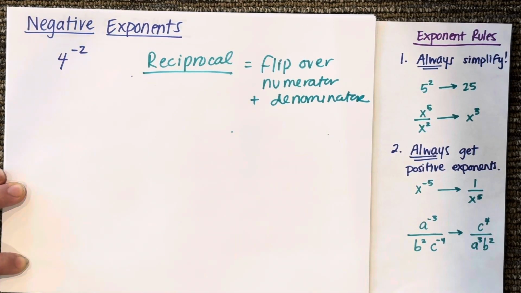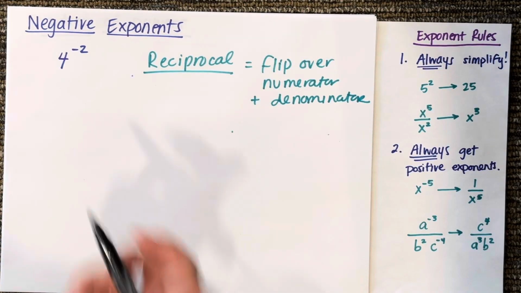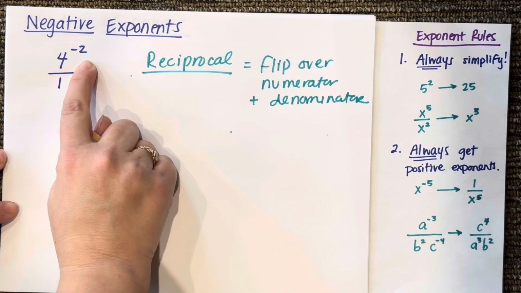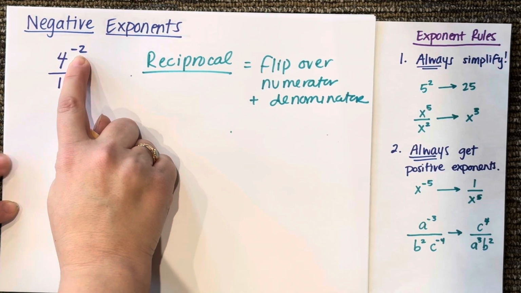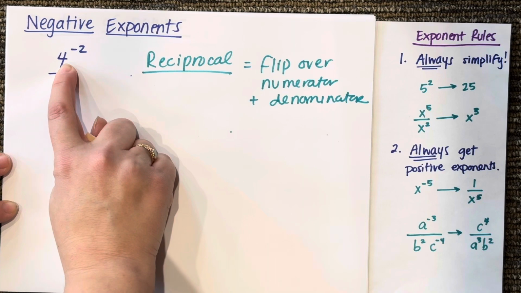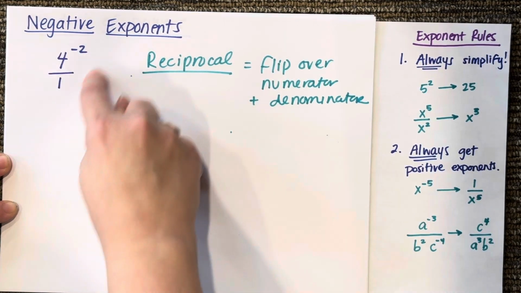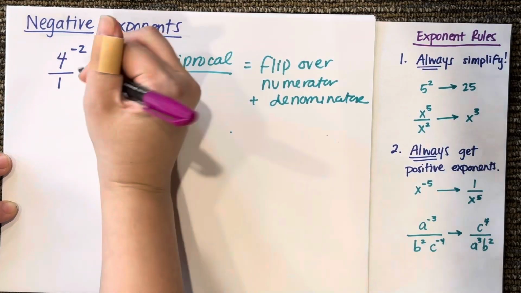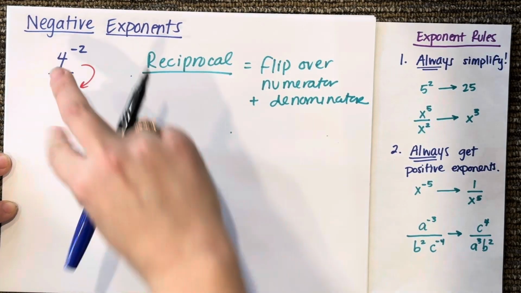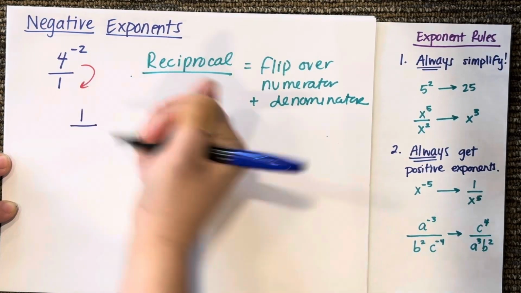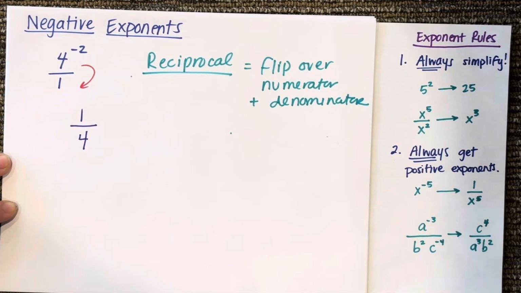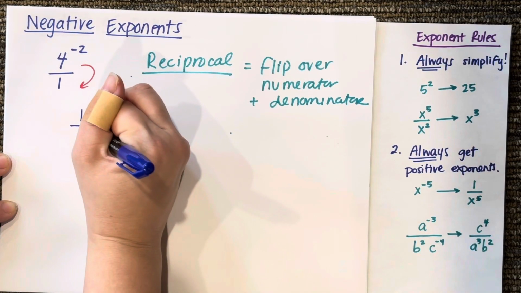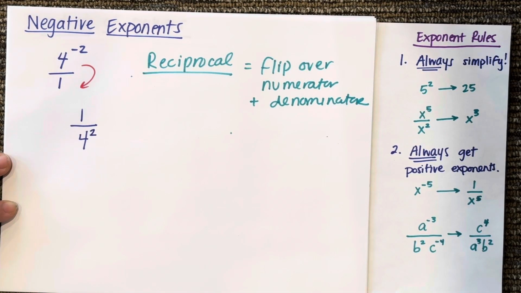So if I have 4 to the negative 2, 4 is a whole number, so really this is 4 over 1 to the negative 2 power. That negative 2 power tells me, okay, this base number 4 is unhappy being on my numerator. He needs to flip and be the reciprocal and be on the denominator. So I'm just gonna flip him, okay? And this 1 is gonna go up top, so 1 is on my numerator, and now I have 4 on my denominator, which has now changed my -2 exponent to a +2 exponent.